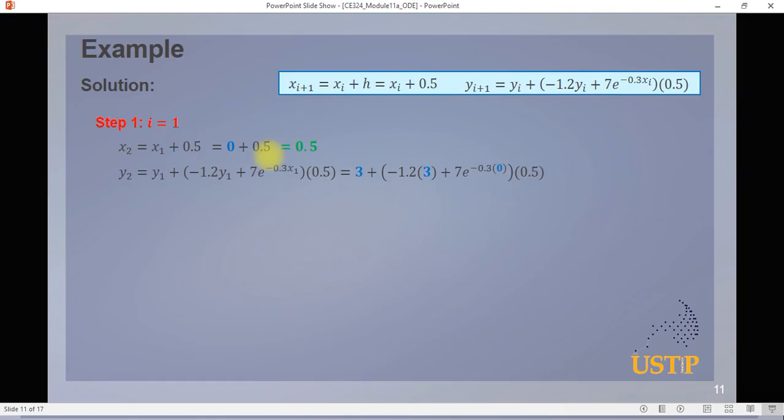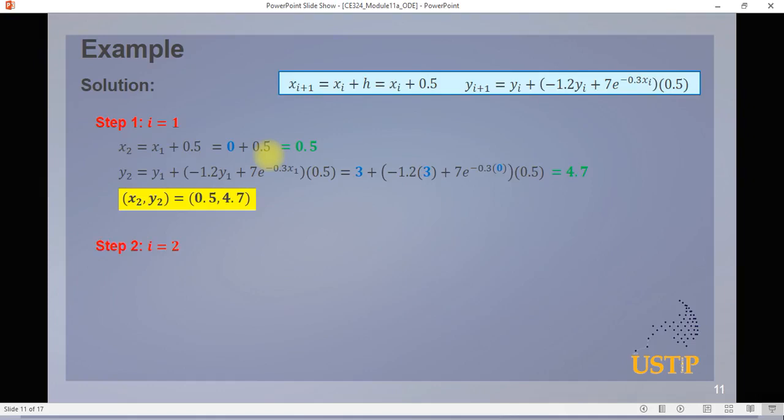Simplifying that expression, we have 4.7. That will be our next approximation value, so x2, y2 is equal to 0.5 and 4.7.